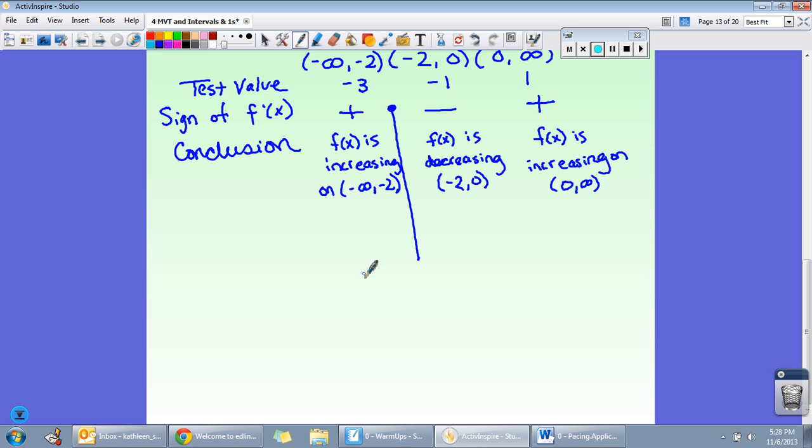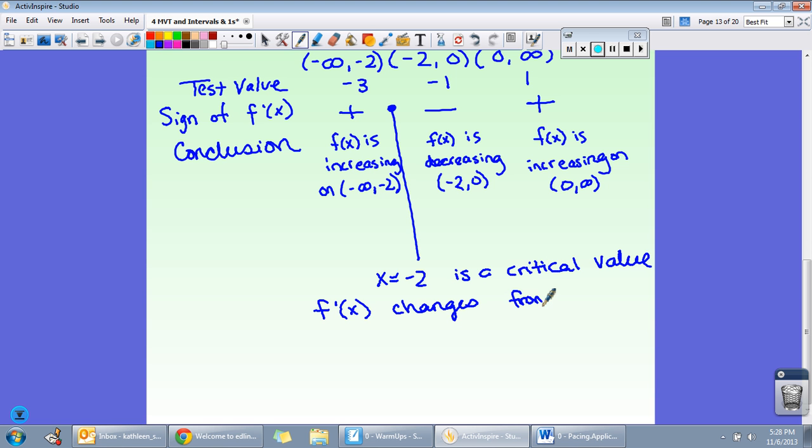So since x equals negative 2 is a critical value, a critical number, and f prime of x changes from positive to negative, then x equals negative 2 is, or I should say the point, so the y value is 8, the point negative 2, 8, is a relative max.